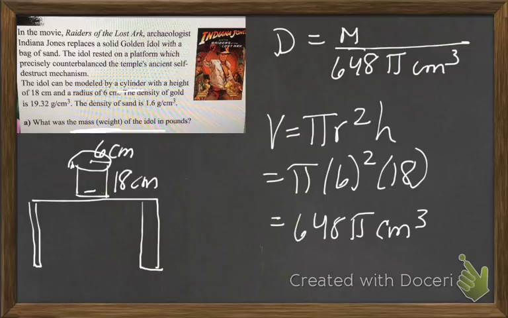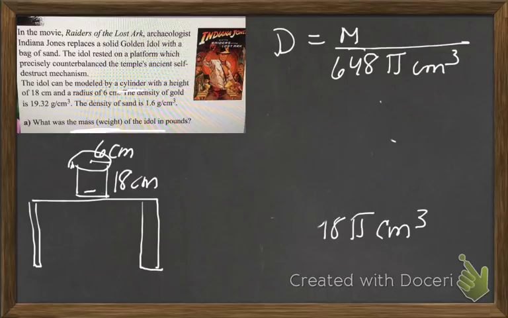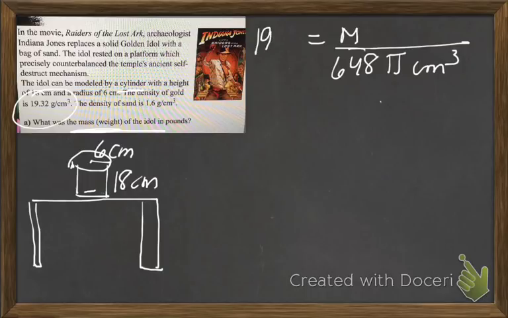Okay, so I'm going to erase and make some room here. Okay, so in the story they're telling you that the density of the gold is 19.32. Also, we're seeing everything's matching in centimeters, but now we have grams, so we're going to write 19.32, and these are grams.